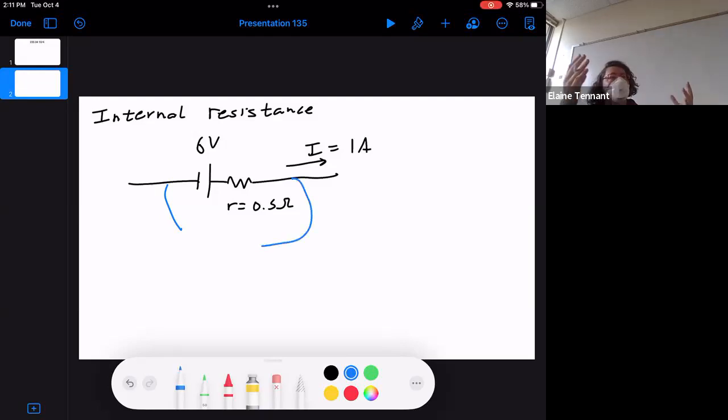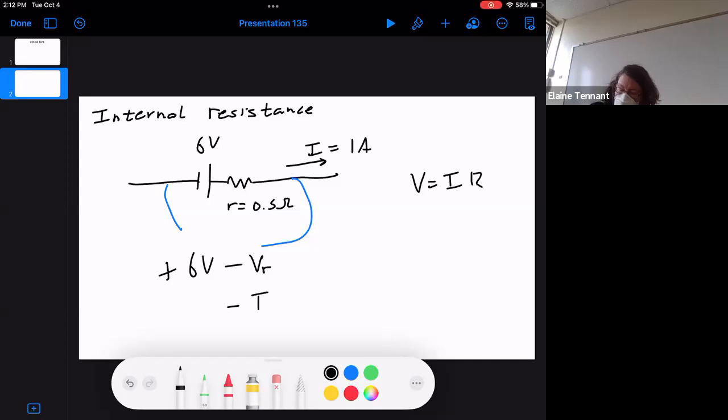So when I measure across the battery, I'll see this voltage jump. I'll see a plus 6 volts for the battery voltage, but then I'll see a voltage drop across that resistor. And the voltage drop across the resistor will go according to Ohm's law, V equals IR.